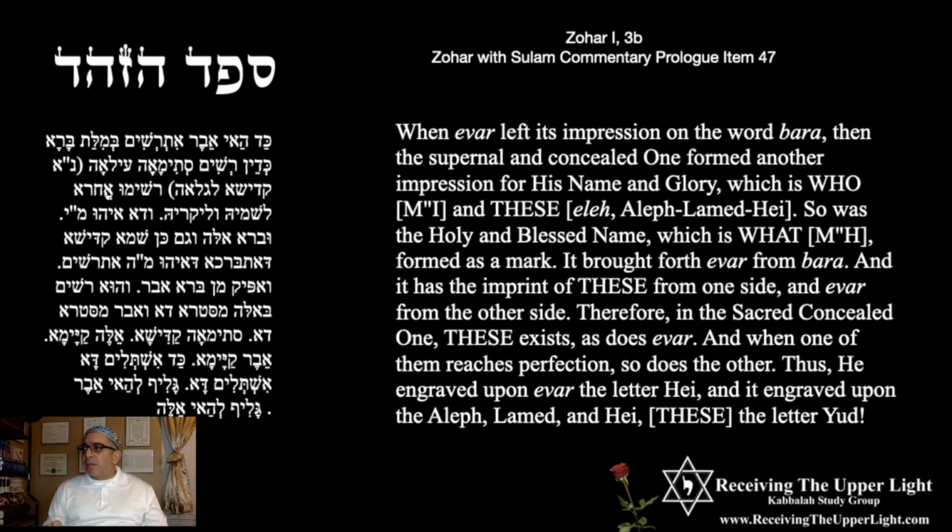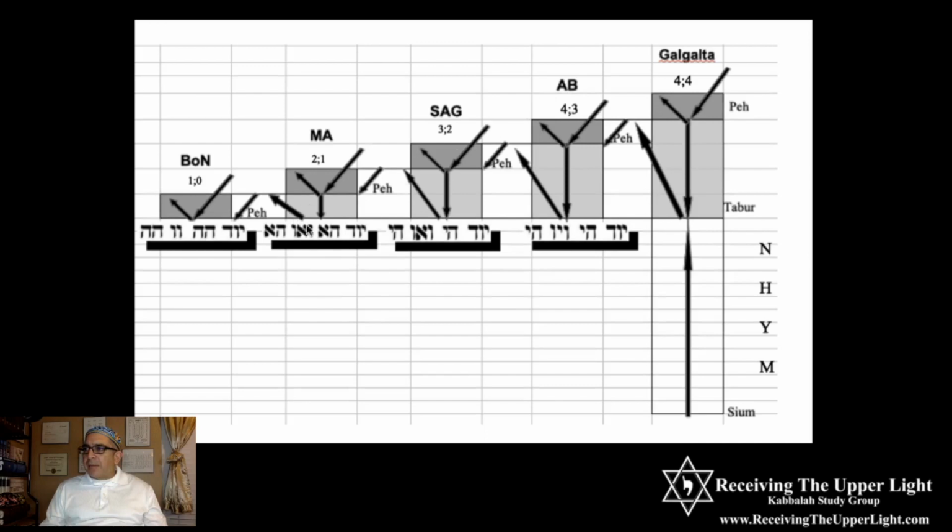So was the holy and blessed name, which is Ma. Ma is basically that 45, the number 45 that comes from the filling of the names, which we're going to see later in Ab, Sag, Ma. So it's going to be this.